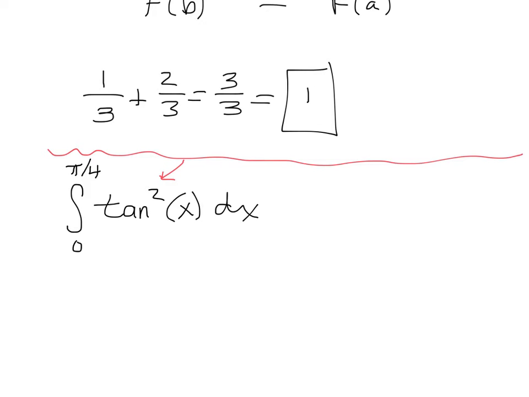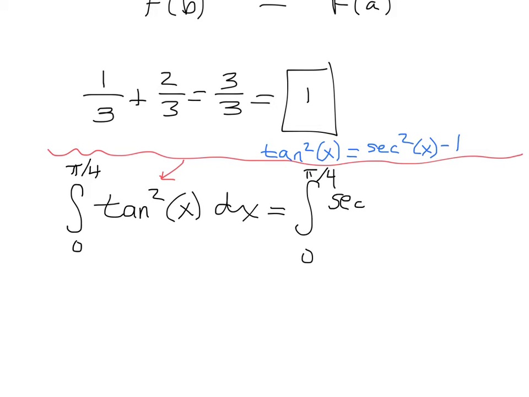But somewhere in a bad dream, right, I remember this identity that said tangent squared has this identity of secant squared x minus 1, and the secant squared is in that table. So I rewrite this as 0 to pi over 4 of secant squared x minus 1 dx.